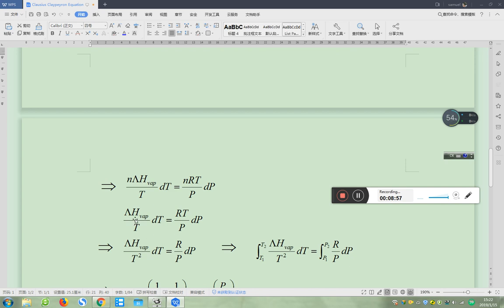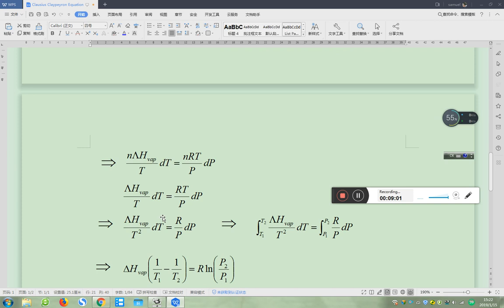Now the rest is a piece of cake. We just solve this differential equation. What we can do is move all the terms with T and all the terms with P to each side, and we get the enthalpy of vaporization over T squared times dT equals R over P times dP.